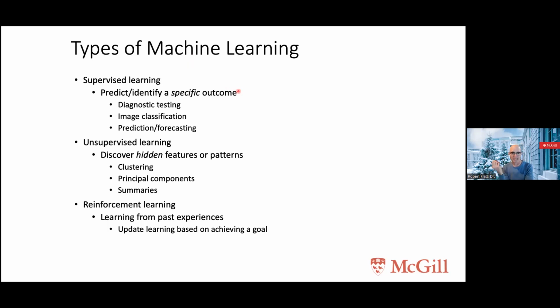So we're trying to predict an outcome. We're trying to identify a diagnosis, for example, or to classify an image as problematic or not, or to predict whether a transaction is fraudulent or not. We've got an observation that has an outcome attached to it, and we're trying to predict that outcome.